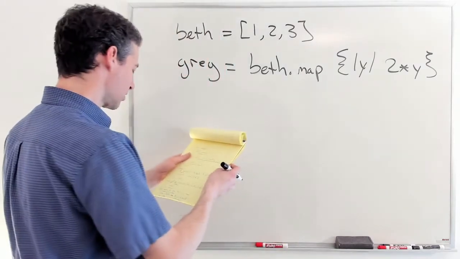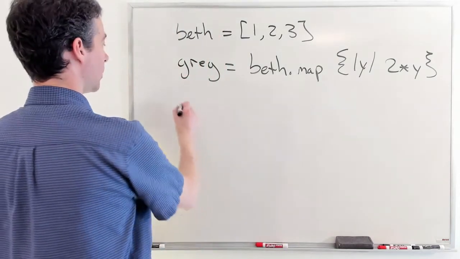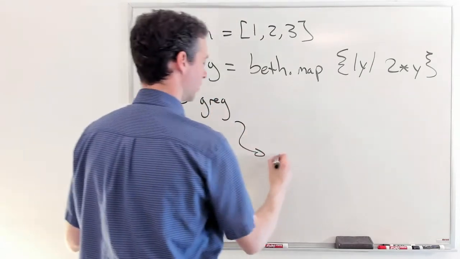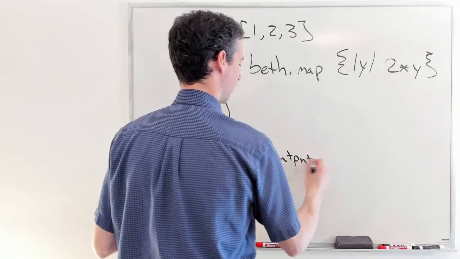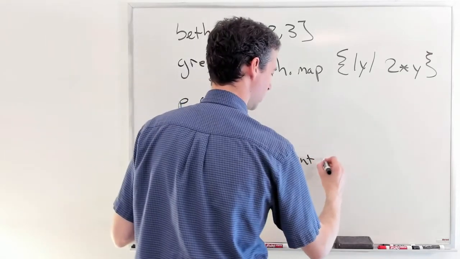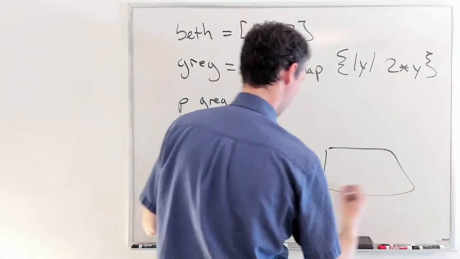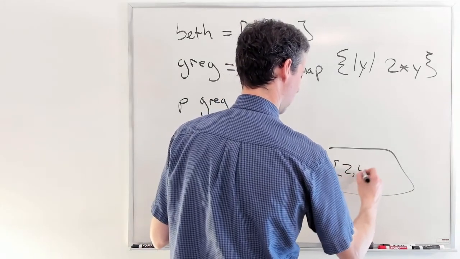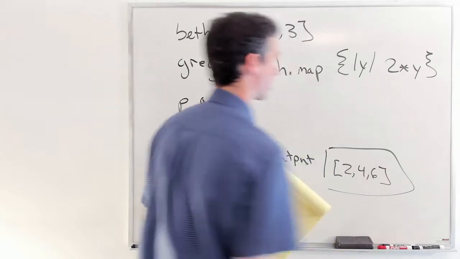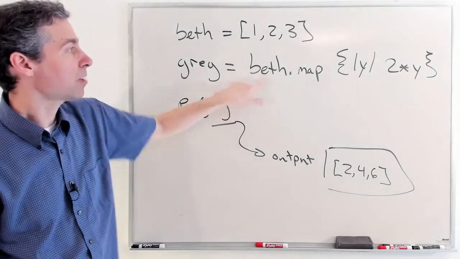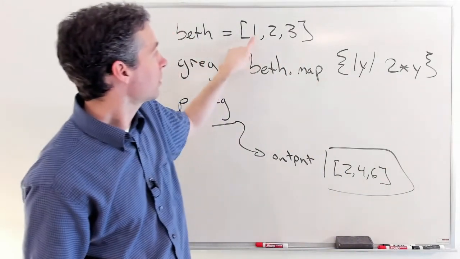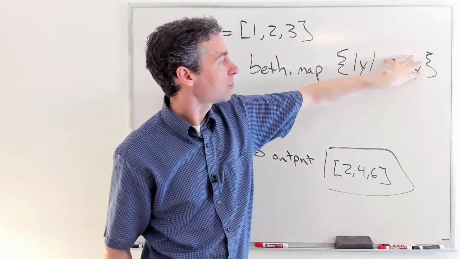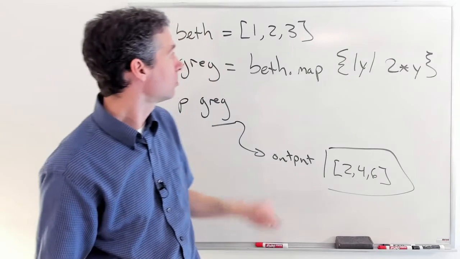Okay? And so, if we were to P Greg, what we would get as output, very nicely, is square brackets 2 comma 4 comma 6. Okay, so again, what's happening here is we're going to take the 1, put it into the y. 2 times 1 is 2.